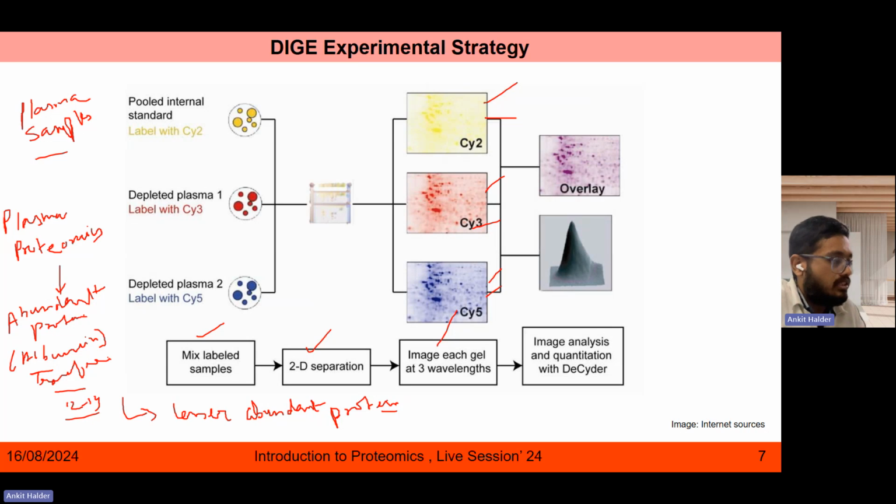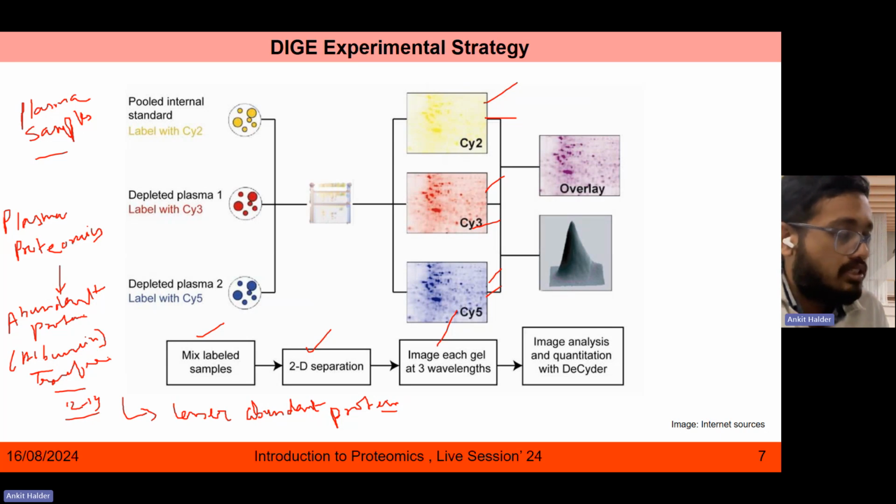And then we are analyzing it in different wavelengths because of their fine tunability, so we can easily go ahead and get the scanning done. So the conditions are Cy3, Cy5, Cy2.